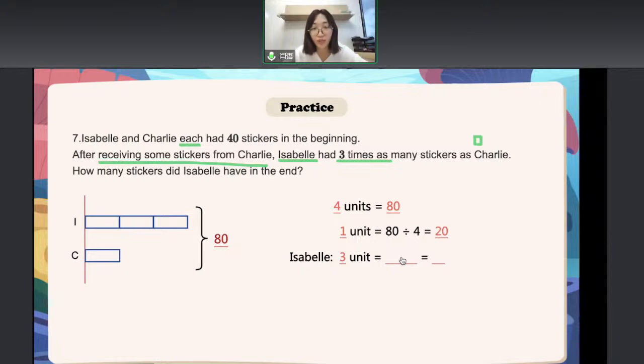So 3 units should be equal to 3 times 20, which gives you 60. Okay? Any question? Yes. So always do remember to work step by step. Okay? Pay attention to the keyword each.